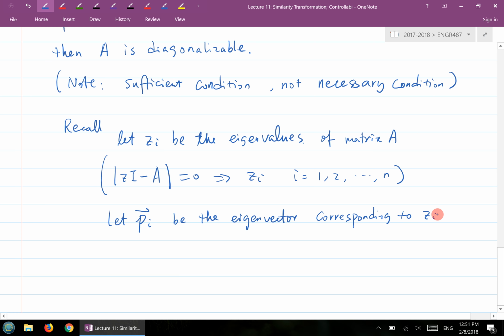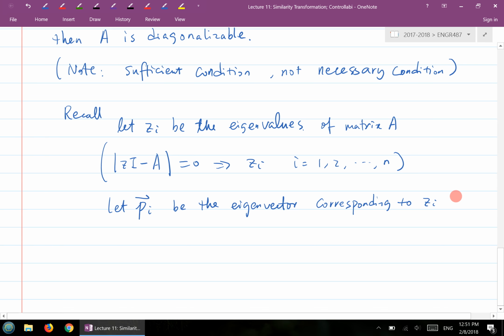Each eigenvalue has an eigenvector. And the eigenvalue, eigenvector, and the matrix A are connected by A times pi equals zi times pi. Small pi. That's the connection between the eigenvalue, eigenvector, and the matrix A.